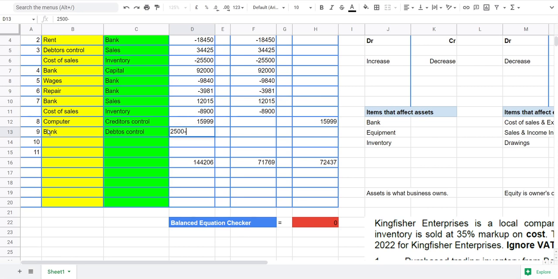So we'll see minus 2,500. So two assets were affected at the same time. That's why it's going to appear only under the asset. Remember, we cannot show it under sales again because it was already dealt with previously when the sale took place.